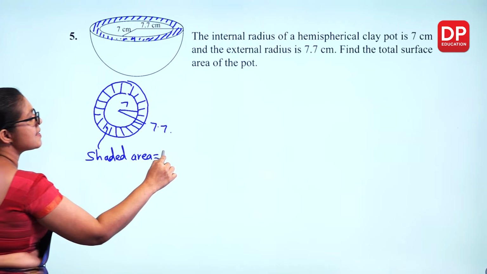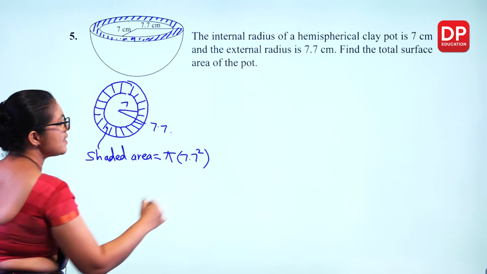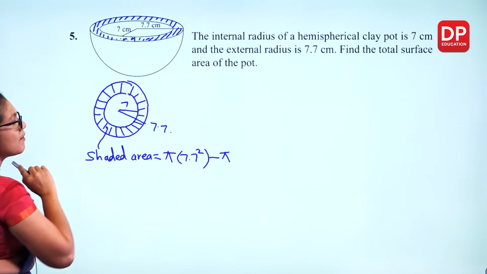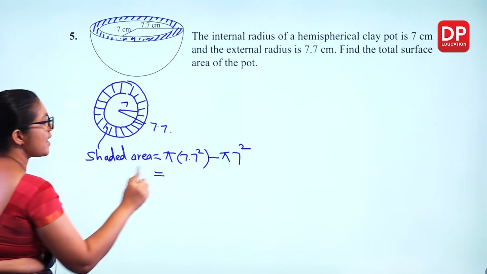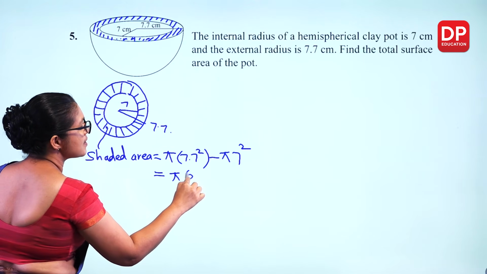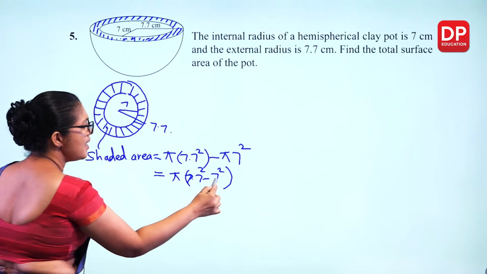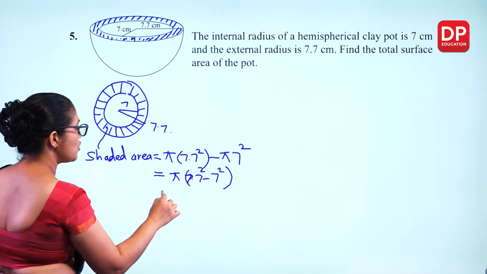when you take the bigger circle, pi r squared, 7.7 squared, minus pi, what's the radius of the smaller one? 7 squared. So when you subtract these two, you can see pi times 7.7 squared minus 7 squared. You can use the difference between two square terms. So we'll do that.